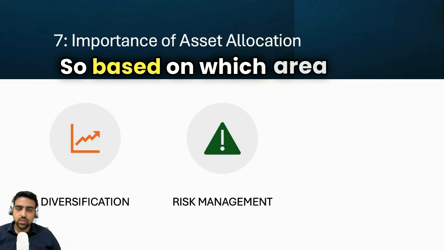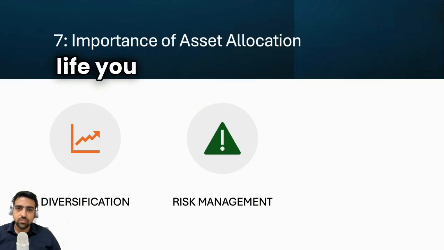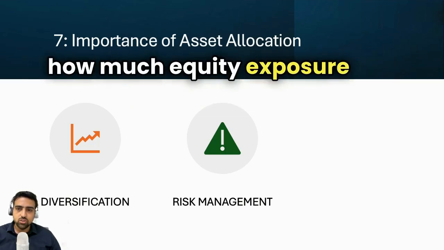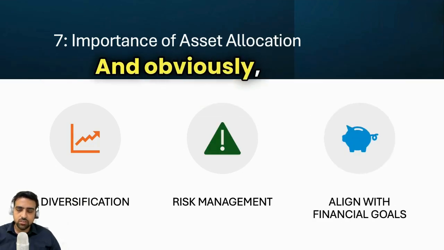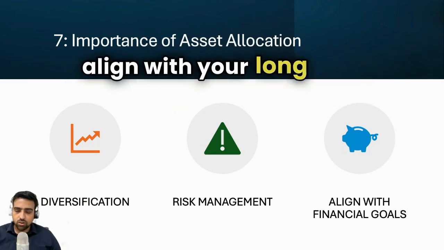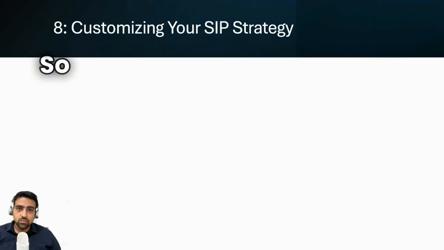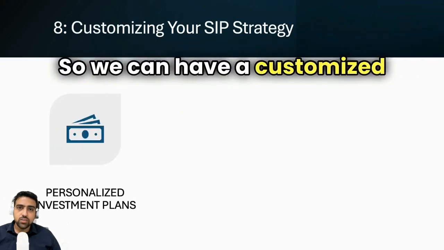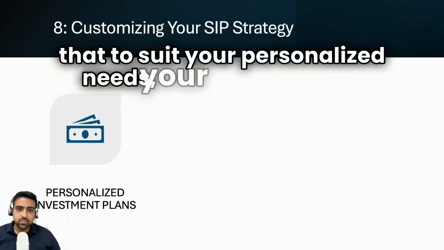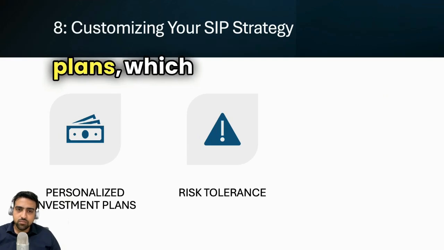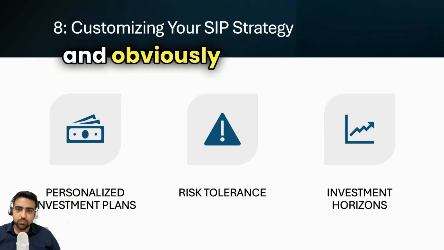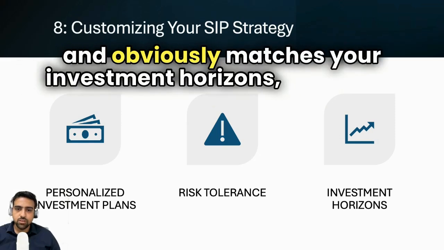Based on which phase of life you are in, you'll be able to decide how much equity exposure you may want to have, and all your financial aspects need to align with your long-term financial goals. So we can have a customized SIP strategy around that to suit your personalized needs and investment plans, which have enough risk tolerance and match your investment horizons.